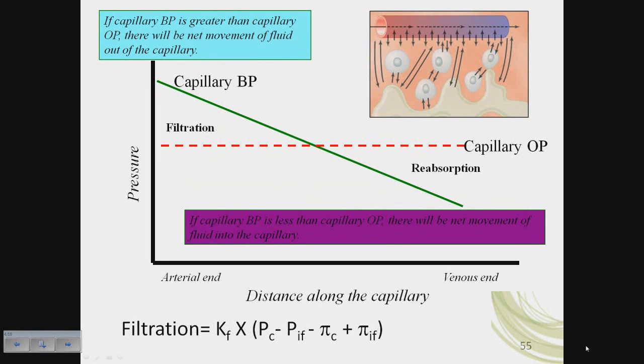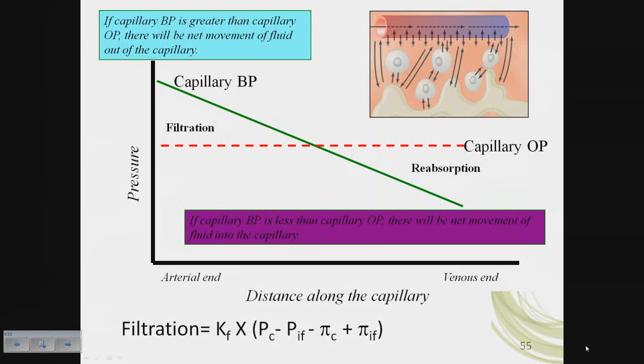Now, let's stop and think. Are these forces truly equal? Do we get equal drop-off of fluid? Do we get equal fluid leaving the capillary bed going into the interstitial space as we do interstitial fluid going back into the capillary?